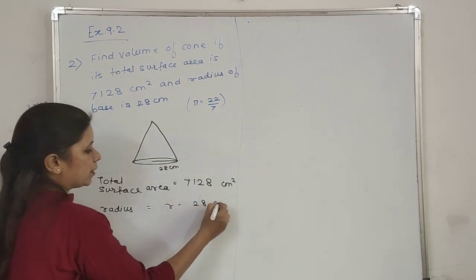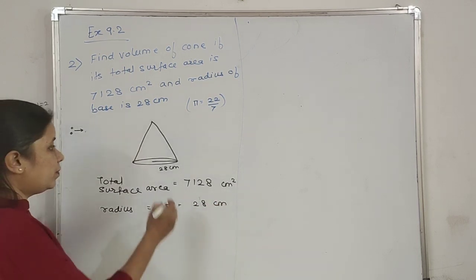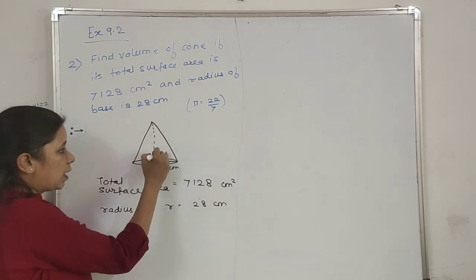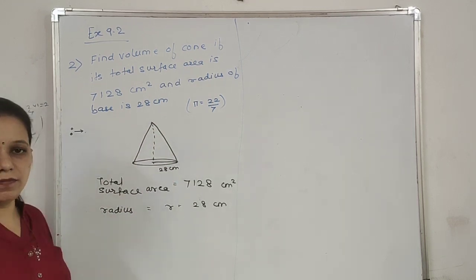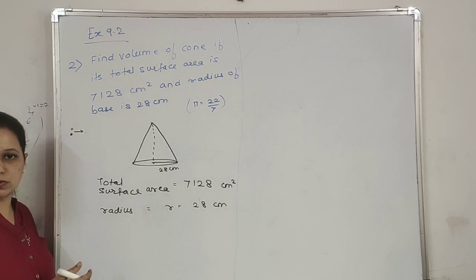Only two dimensions are given. So we need first height, then slant height, and then we can calculate volume of the cone.